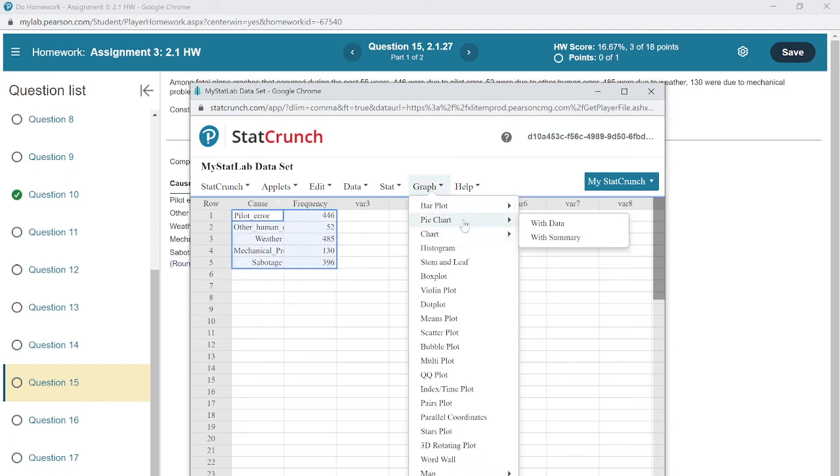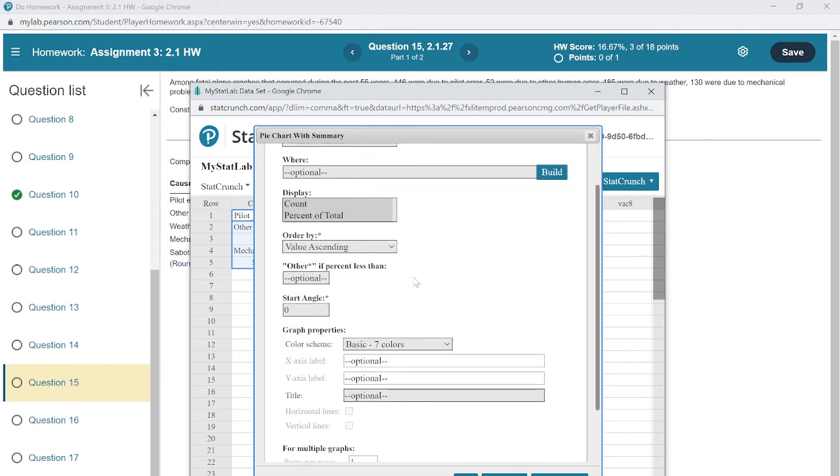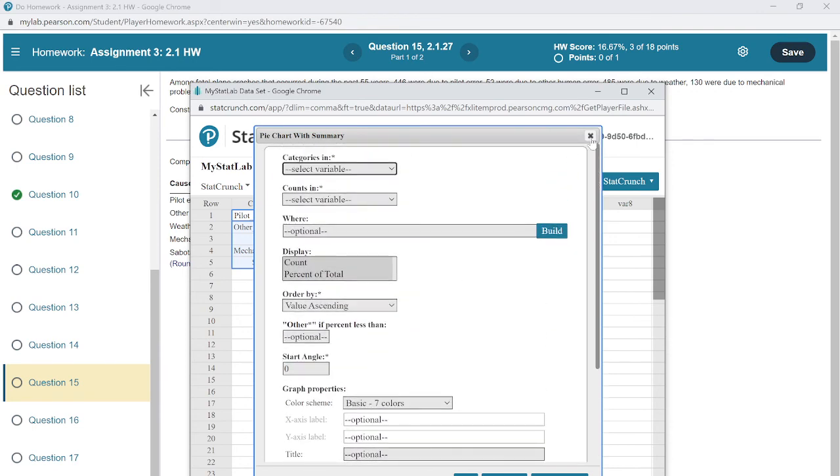Let's say I'm going to use a pie chart. You don't have to do it.